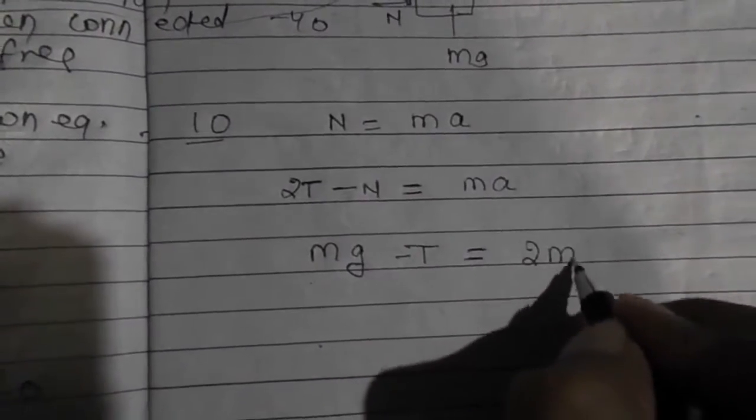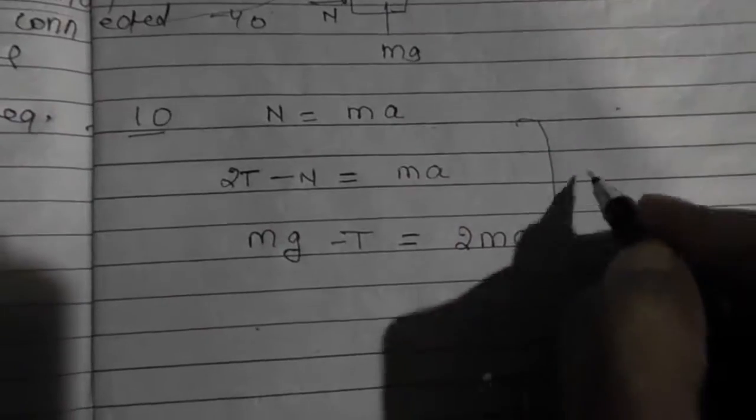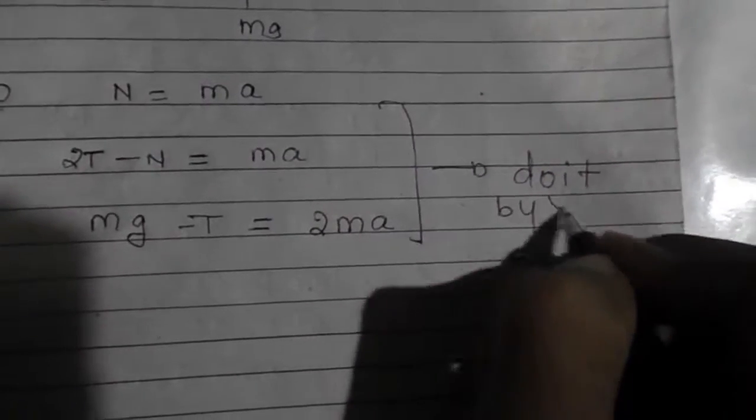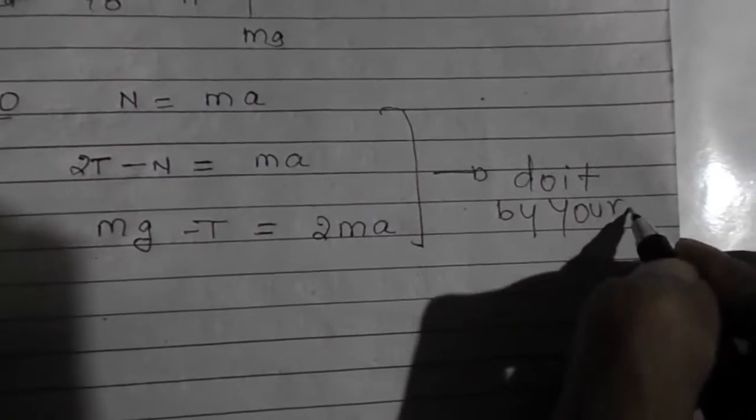Again, mg minus T is equal to 2MA. You should do it by yourself. What is the hint?